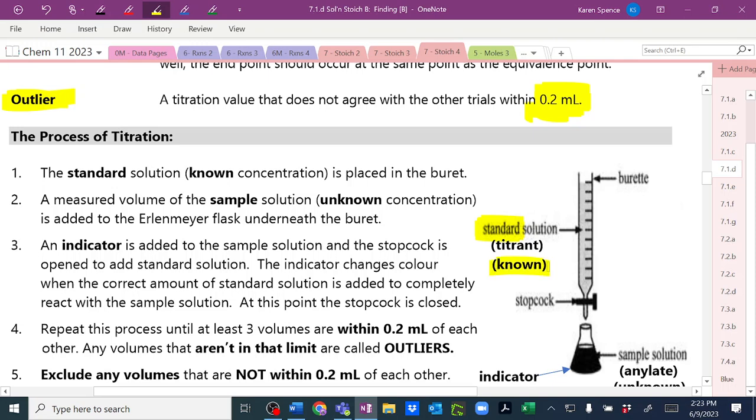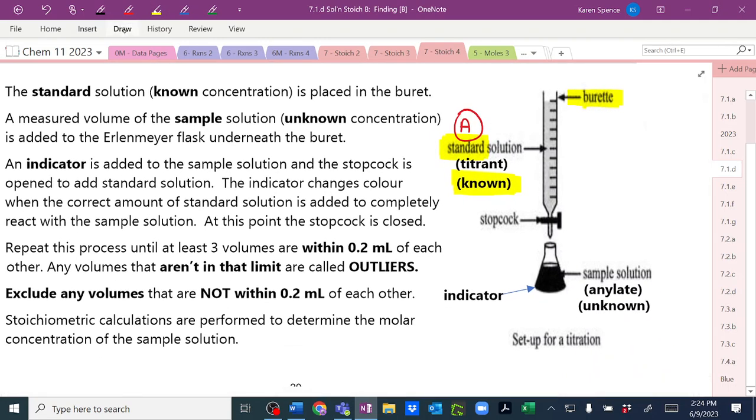It's the one where it is known, that is substance A. Substance A normally goes in the burette, whereas substance B normally goes in the, what do we call this? It's a flask. What kind of flask? It's an Erlenmeyer flask.